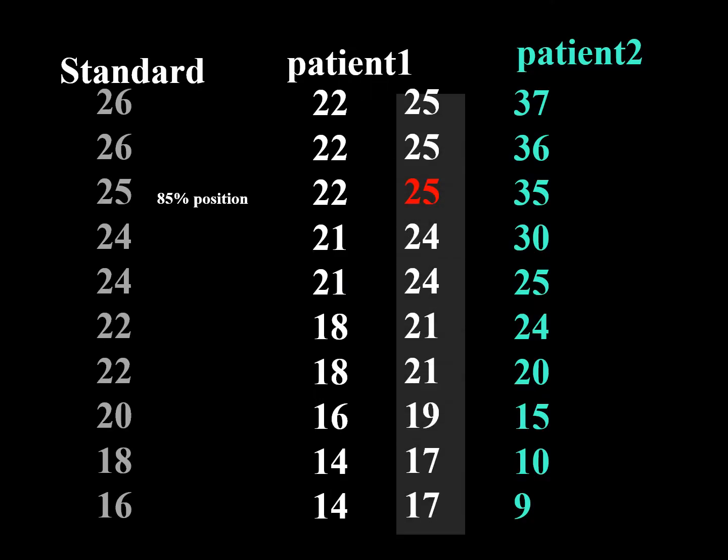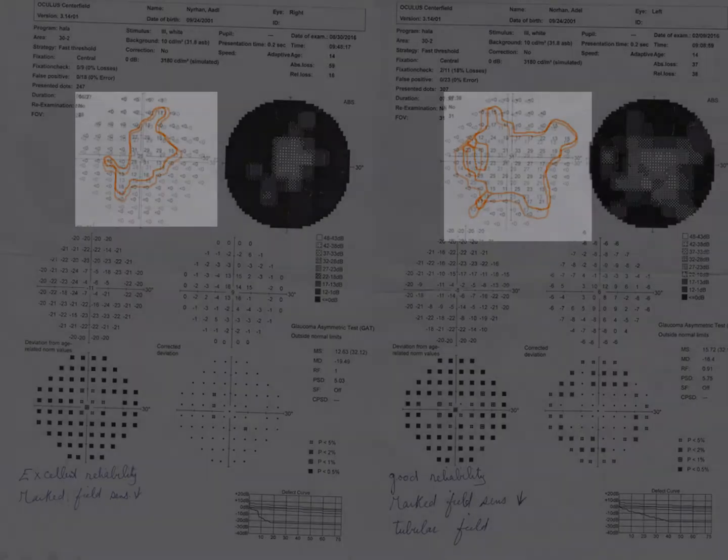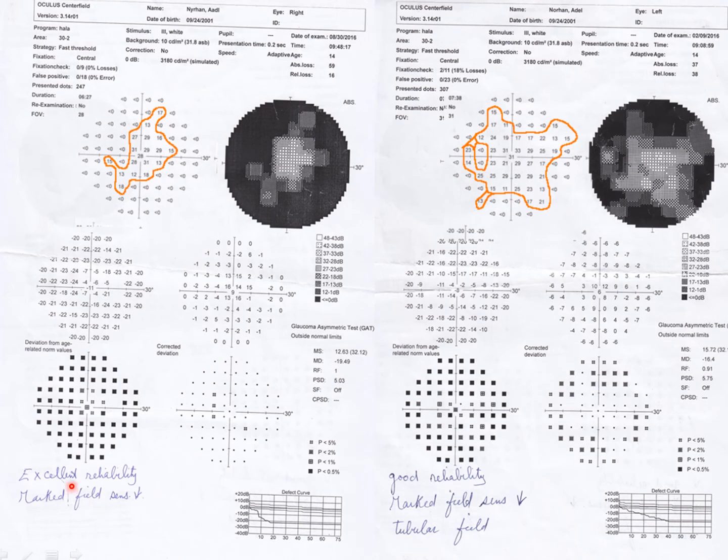Now, keep in mind again the example here: in case the position 85% is high, everything will be depressed. If you look here, you will say, yes, we have generalized depression and no localized changes, and on this eye, yes, generalized depression and localized changes in the periphery.